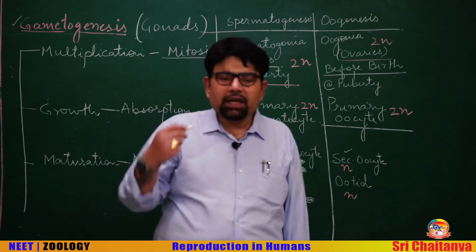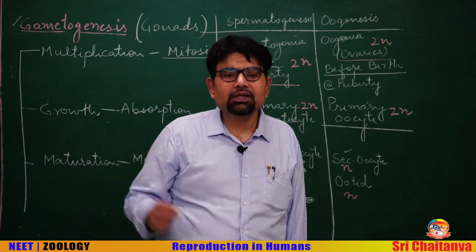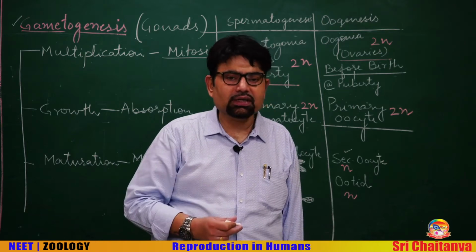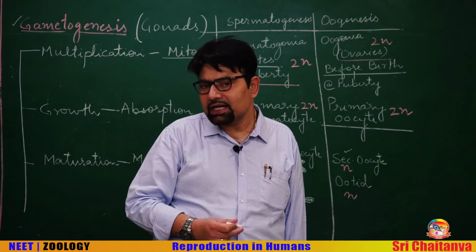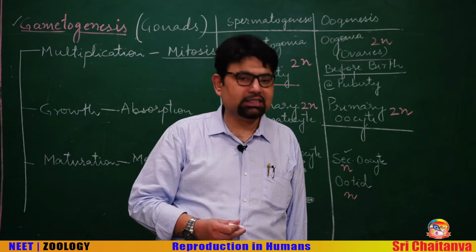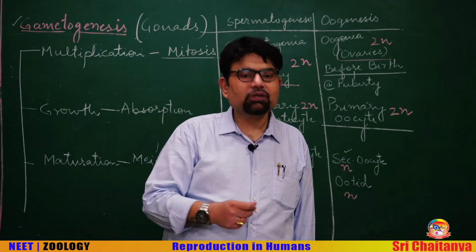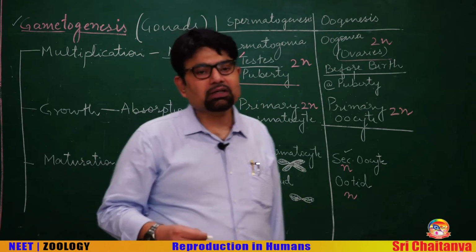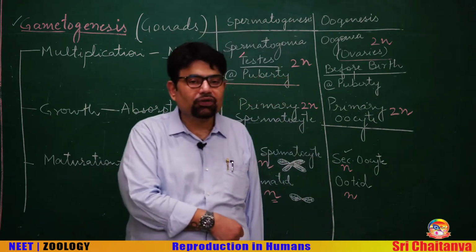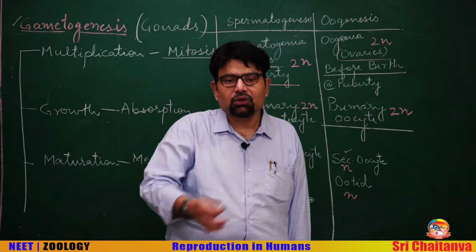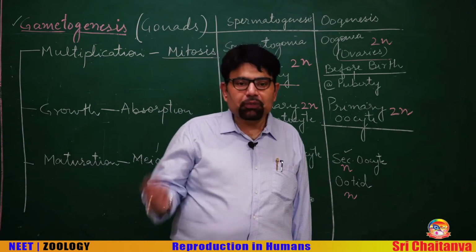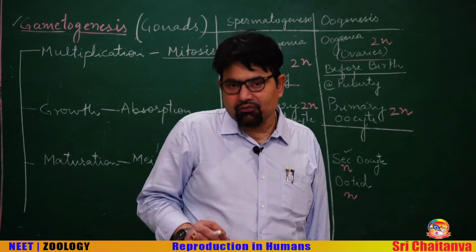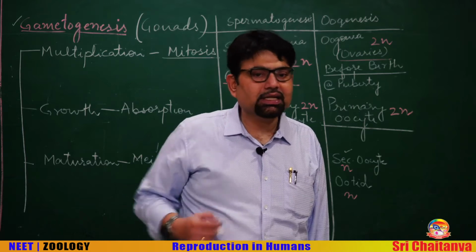No, many of them, 99% of them, degenerate. There is degeneration of these follicles, which is called follicular atresia. Atresia means degeneration. So, coming to the numbers: before birth about 7 million, at the time of birth 1 to 2 million in each ovary, and then the girl grows. At the time of puberty about 60,000 to 80,000 follicles are present in each ovary.